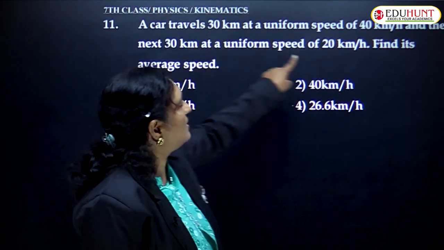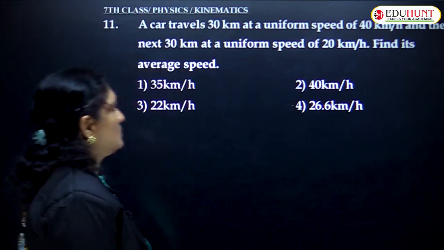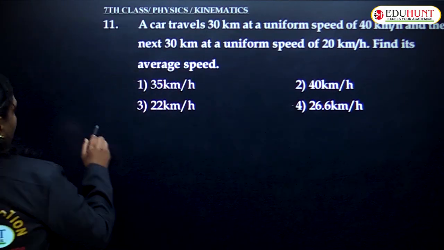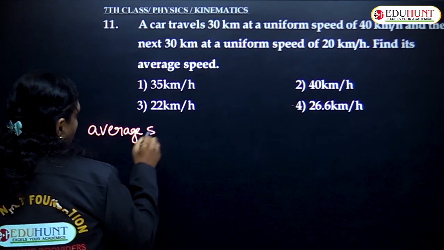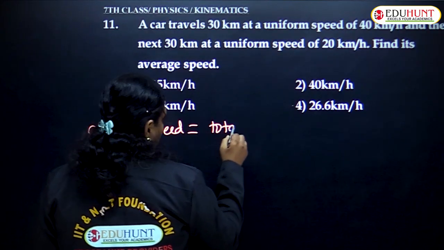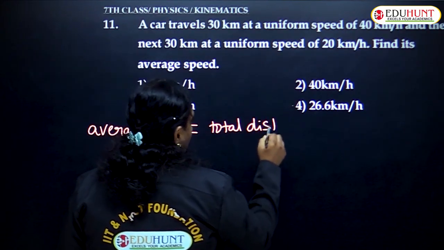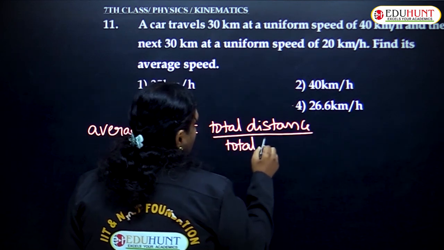Again 30 kilometers but at 20 kilometer per hour. Equal distances at unequal speeds. So, this is an average speed. Average speed is equal to the total distance covered by the body to the total time interval.